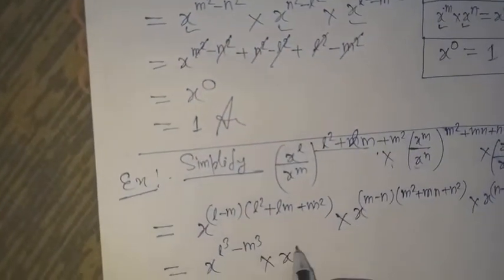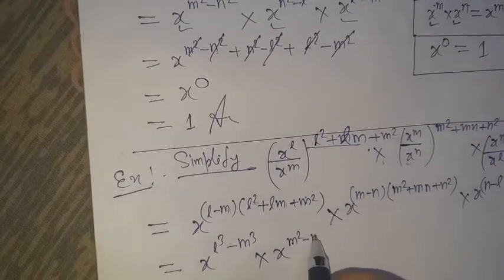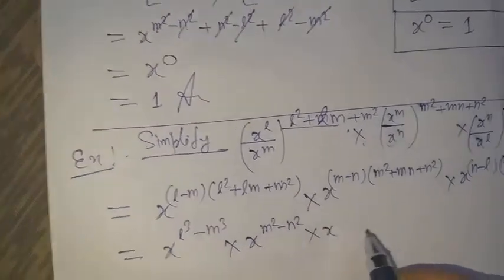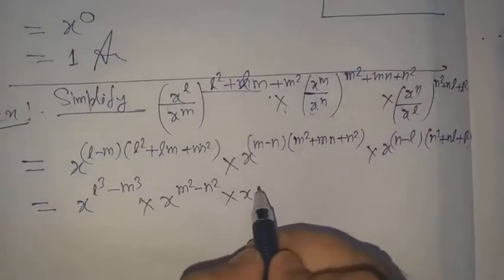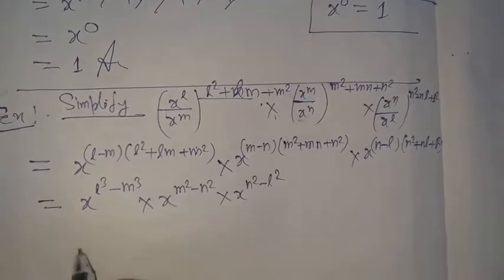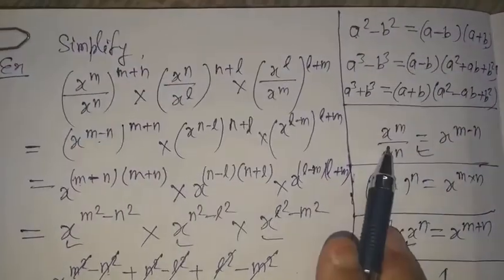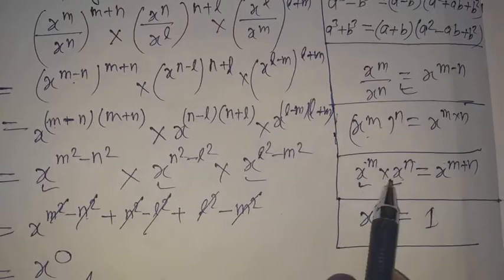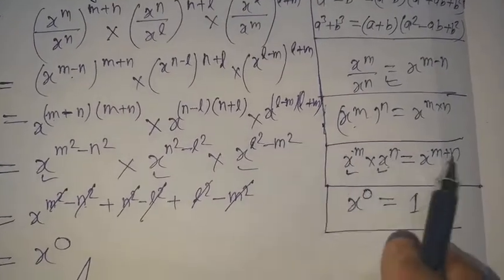Similarly x to the power m cube minus n cube into x to the power n cube minus l cube. And if the base is the same, then the powers will be added.